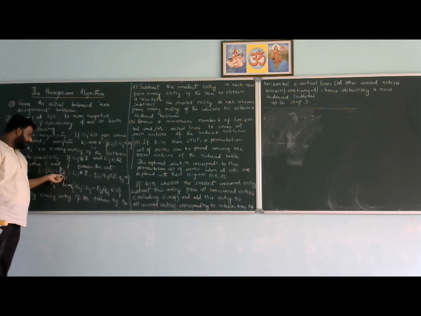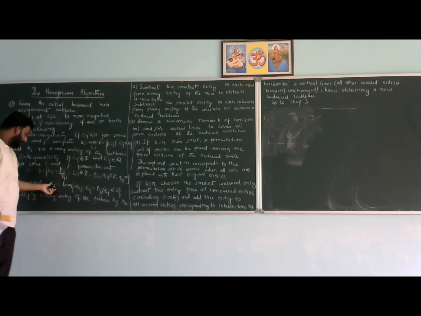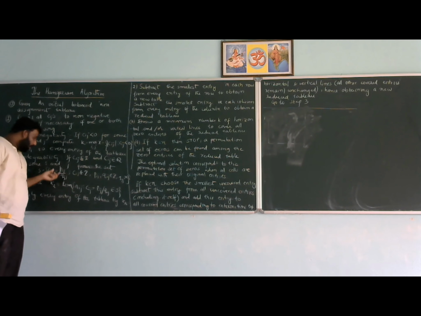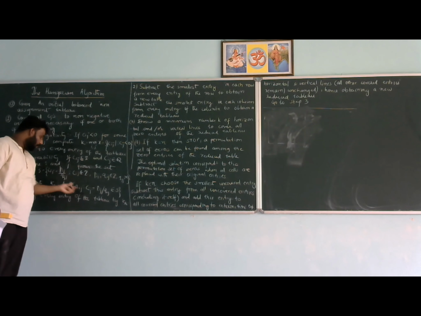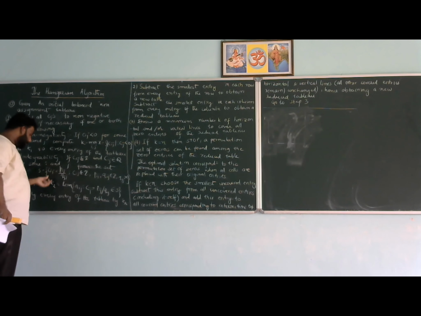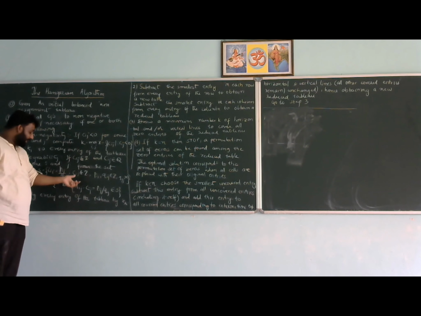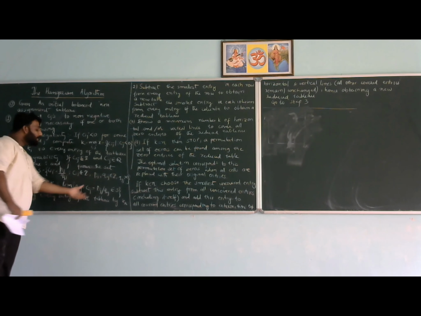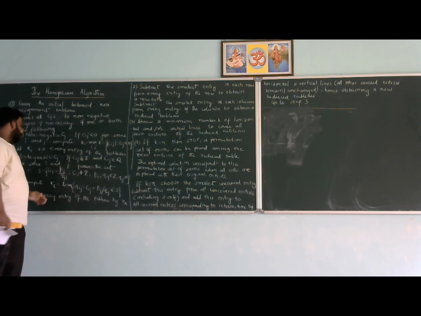Cij is equal to Pij by Qij, where Pij and Qij are integers and Qij is greater than 0. You have to take the LCM of the denominators, that is Qij, and name it k2. Then you have to multiply all the other entries of the table by k2.